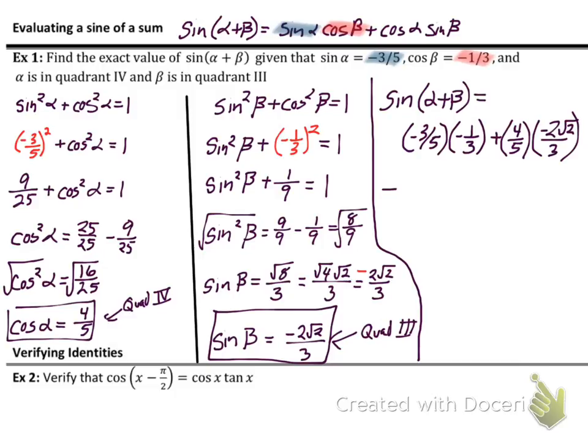Now we just continue on. That's going to equal negative 3 times a negative 1 is going to be a positive 3/15. Plus 4 times a negative 2 is a negative 8 square root of 2/15. My final answer is going to be 3 minus 8 square root of 2/15.